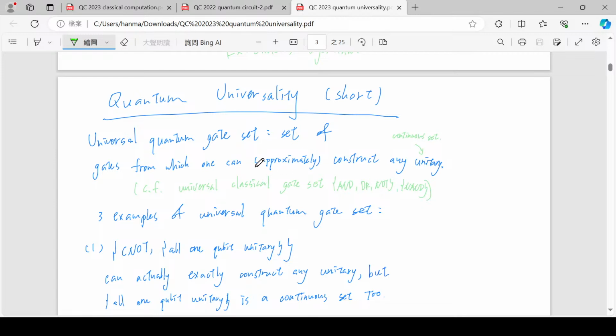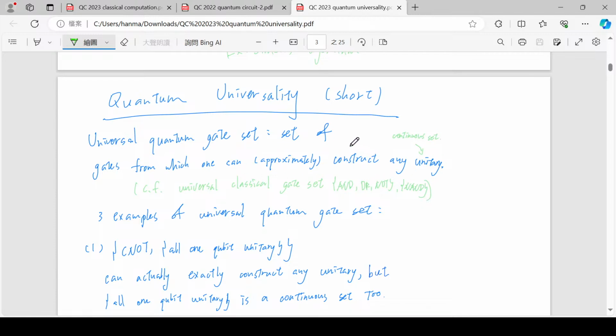And we need this approximation because we think about any unitary as a continuous set. And if you use a discrete set to try to control everything in a continuous set, it is not possible. You need some approximation.